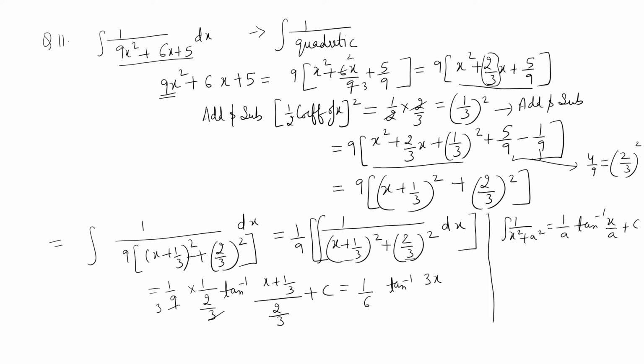So it is 3x plus 1 by 3, and 2 by 3, plus c. So this 3 gets cancelled and I get the answer as 1 by 6 tan inverse 3x plus 1 by 2 plus c. So it is very simple.